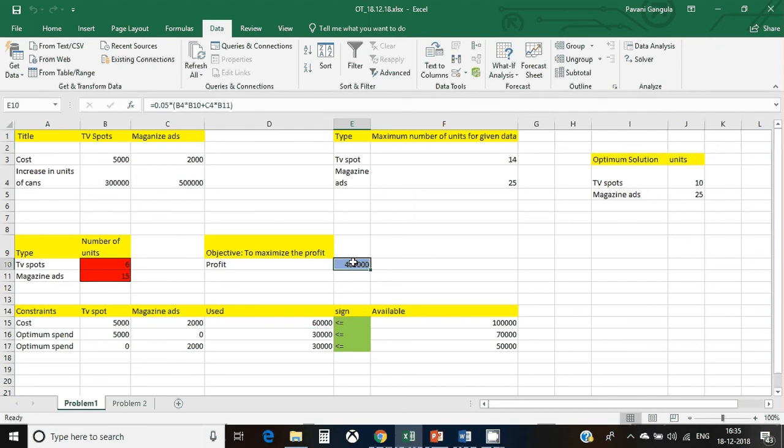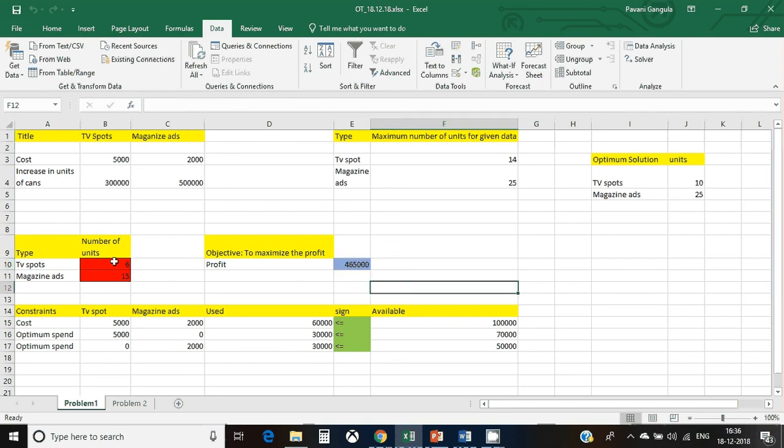And the profit equation is given by 0.05 into the total number of units of soda sold after the marketing campaign, which is given by B4 into B10, that means the total number of units of TV spots, plus C4, that is 5 lakhs, into the total number of magazine ads.